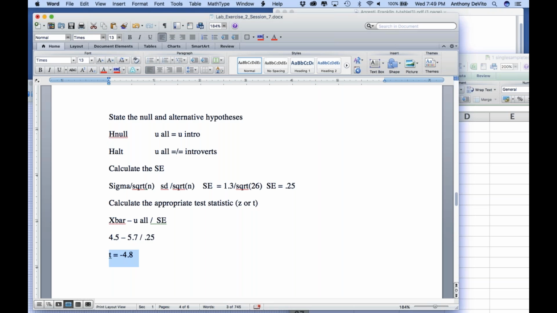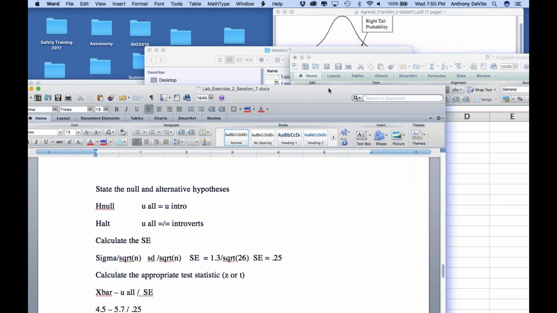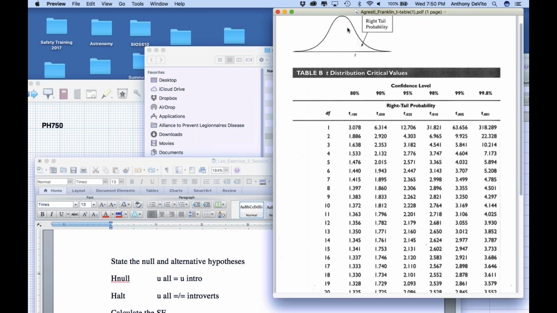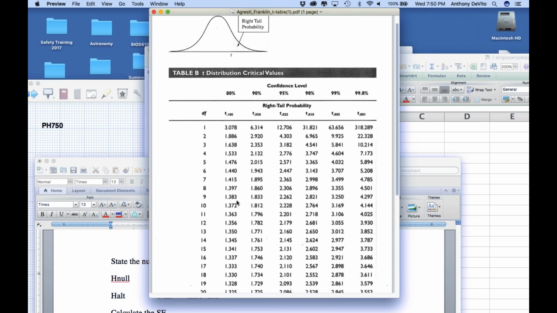But let's check it. How do I know what my critical value of t is? Well, we have to go to our t table. Here's our t table. Negative 4.8 is our t value. To find my critical value, I want 5% alpha, a 5% chance of being wrong.